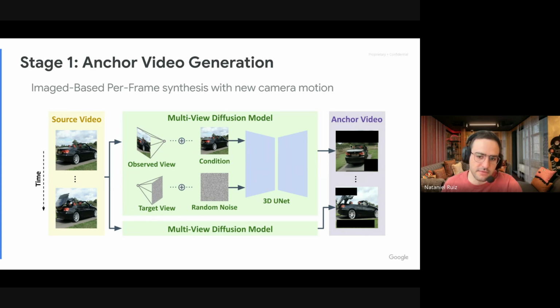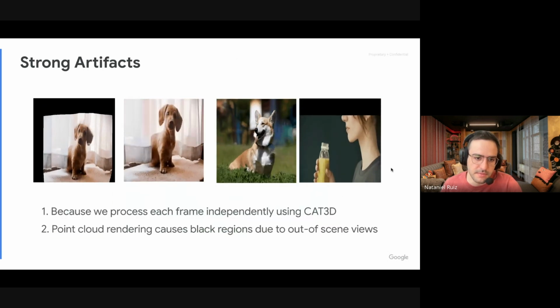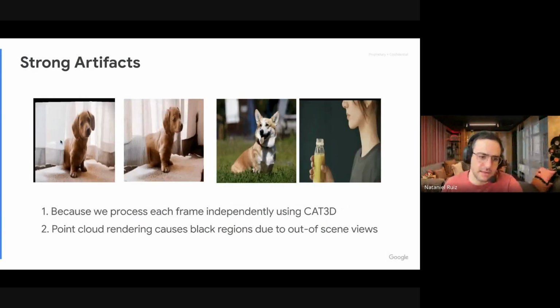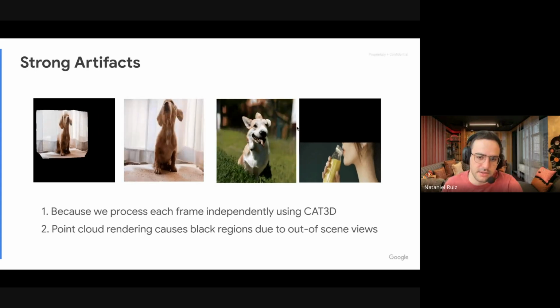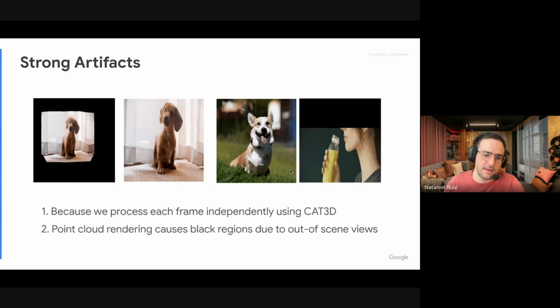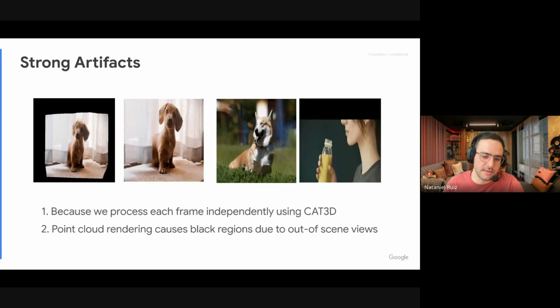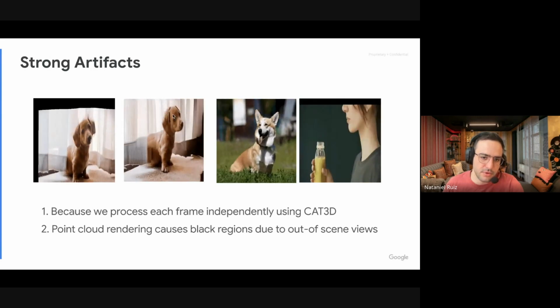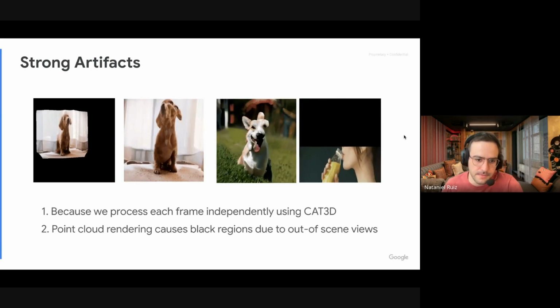You can generate anchor videos like this one, and you can see we also have unknown pixels here, and we're going to fix those artifacts. You can generate different views of the scene, for zoom out or translations or CAT3D. Here you have some artifacts, and this is normal because it's a really hard problem. These don't fix the problem immediately, but we're going to fix these artifacts.